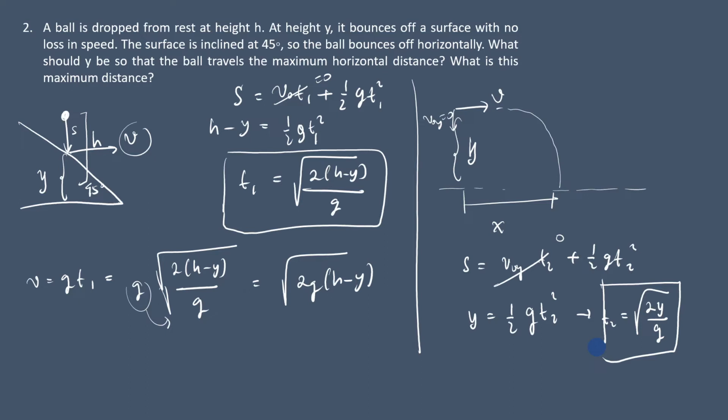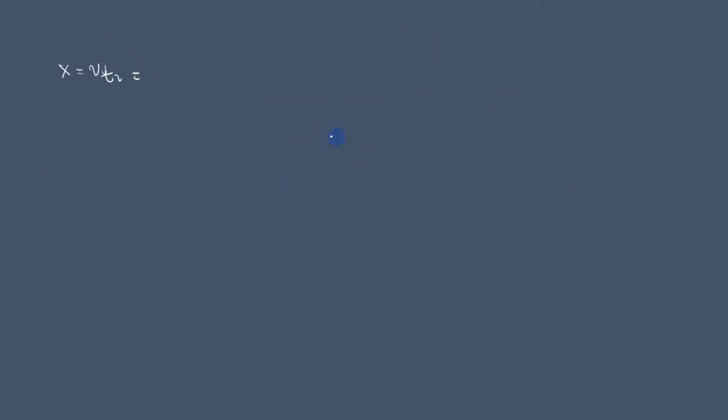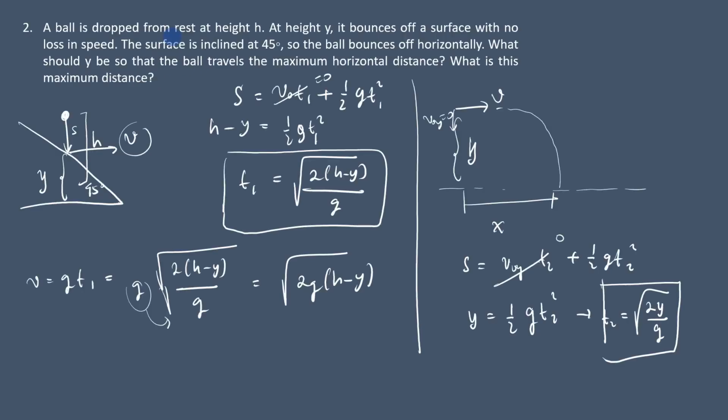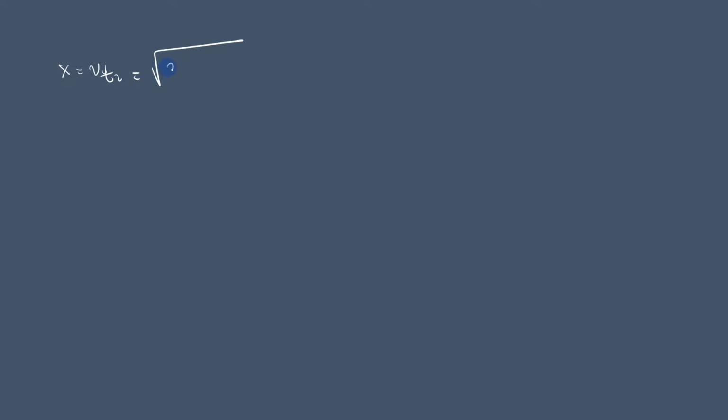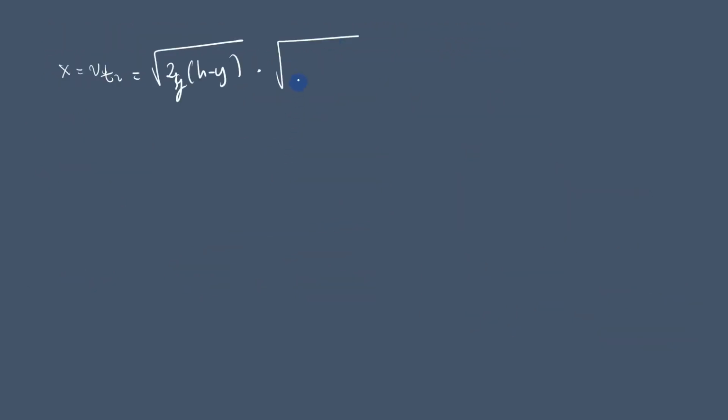So the horizontal distance traveled is x equals v times t2. This is a constant velocity, so there is no acceleration in this equation. We have v equals the square root of 2g times (h minus y), and t2 equals the square root of 2y divided by g.